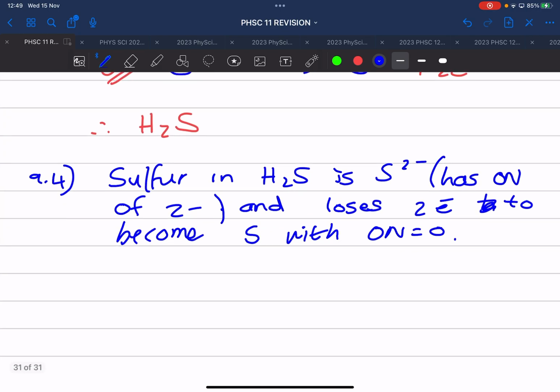Okay, so dan sê, swaal in waterstofsulfiet is swaal 2 minus, dit beteken, sy oksidasiegetal is 2 minus. En dan verloor hy 2 elektrone, it loses 2 electrons, om swaal te word met 'n oksidasiegetal van 0.